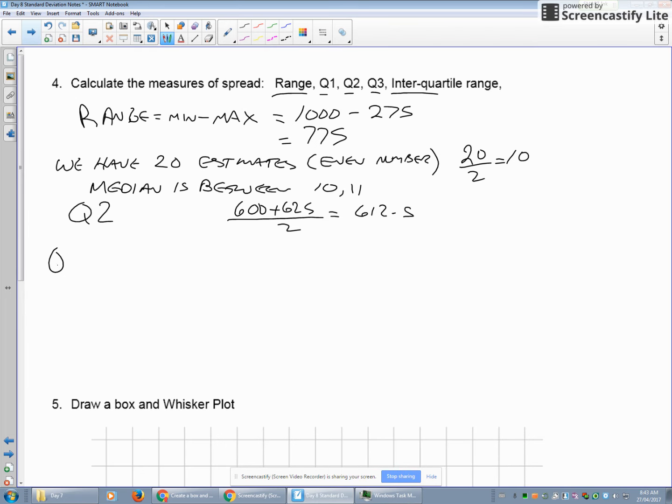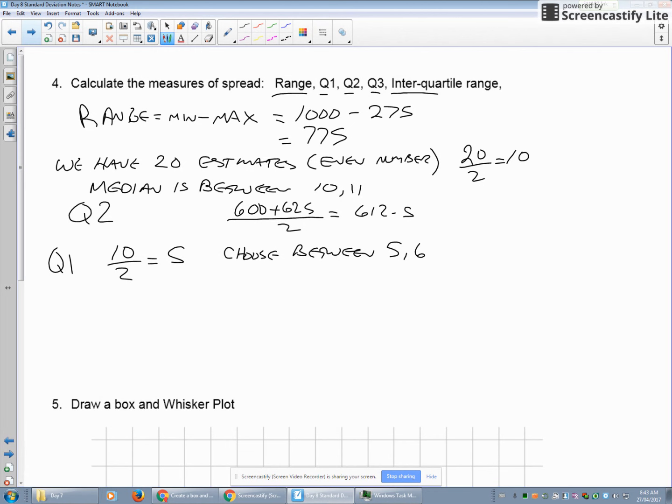So my quartile 1 has a total of 10 data points. I divide that by 2, and that gives me a 5. Again, 10 is an even number, which means 1 through 5 is the bottom half, and 6 through 10 is the top half. So I've got to choose between 5 and 6.